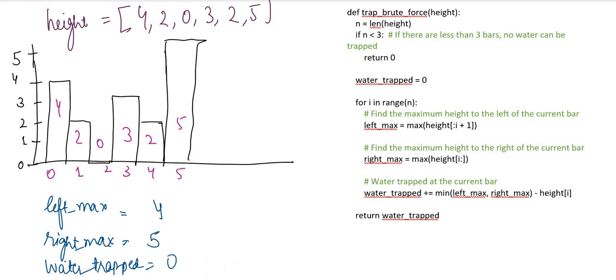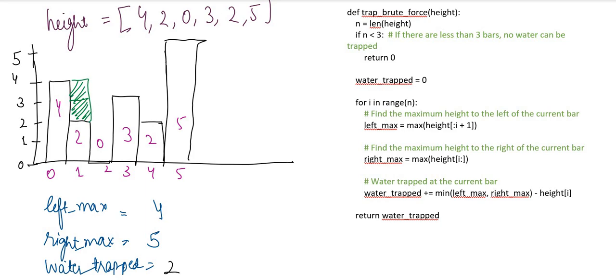Next, including index 1, towards the left the maximum is 4, towards the right the maximum is 5. The minimum is 4, so 4 minus the height, which is 2. The answer is 2. So till this point you can store 2 units of water. Next, including the second index, towards the left the maximum is 4, towards the right the maximum is 5.